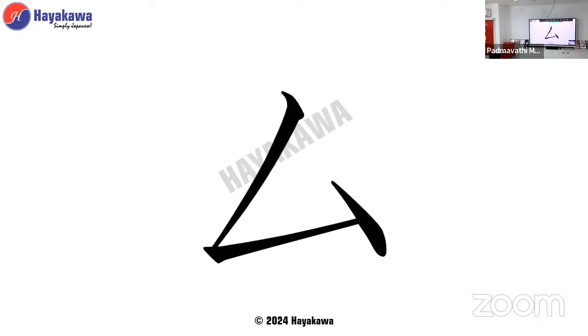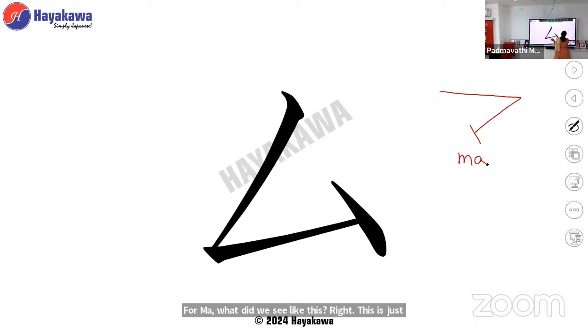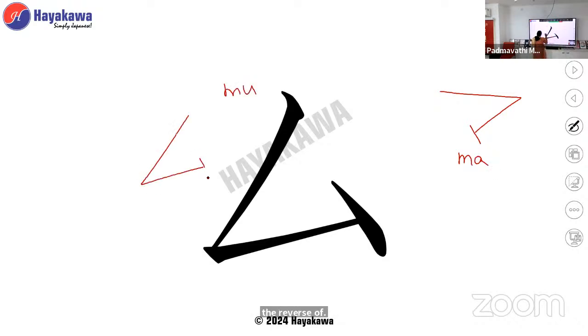Ma, mi. Now, next is mu. So just compare it with ma, right? For ma, what did we see? How did we see? Like this, right? This is just the reverse of ma, where the angle becomes here and you have to stop it like this. So that is the difference, ma and mu. Ma, because you are comparing it with a.